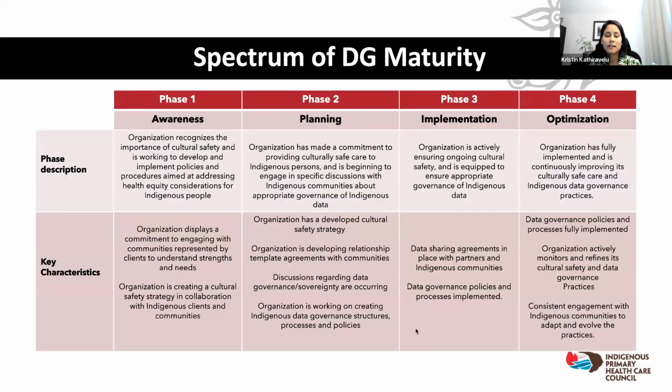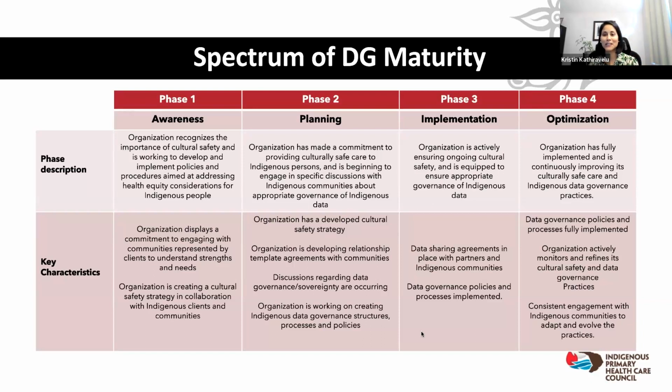So further to that concept and to my comment about the IPHCC being very aware that organizations are at different levels of enacting data governance individually, we created what we're calling a spectrum of data governance maturity. And it's divided into 4 phases.